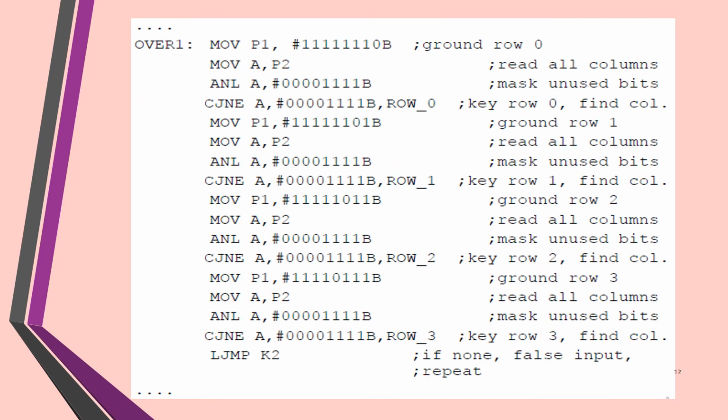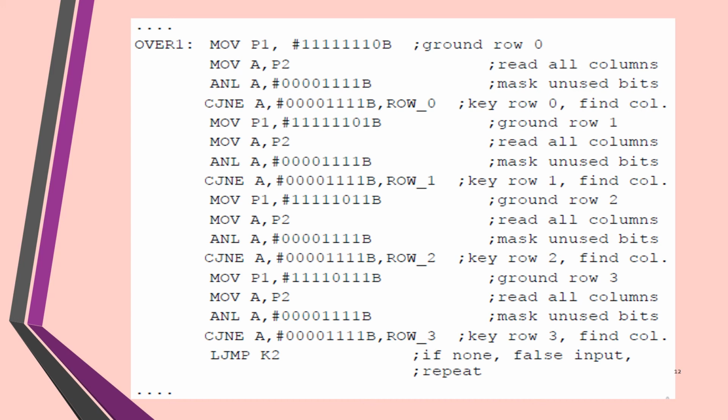Now the next part is MOV P1, to again ground row 0, with the binary pattern 11111110B. Therefore we have attached a B everywhere. Then MOV A, P2, whatever is in P2, read all columns. Then ANL A, #00001111B, mask unused bits.